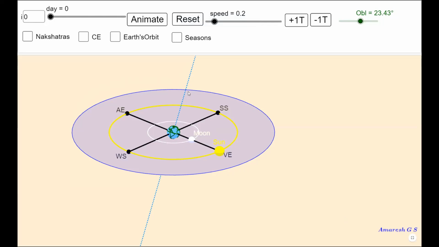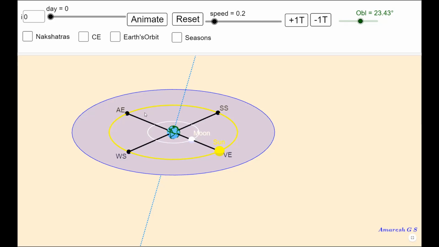And this is the plane of the ecliptic, shown by the yellow circle, which is the path of the sun as seen from the Earth. And that forms the reference point for Indian astronomy, modern astronomy, and therefore for the Indian calendar.